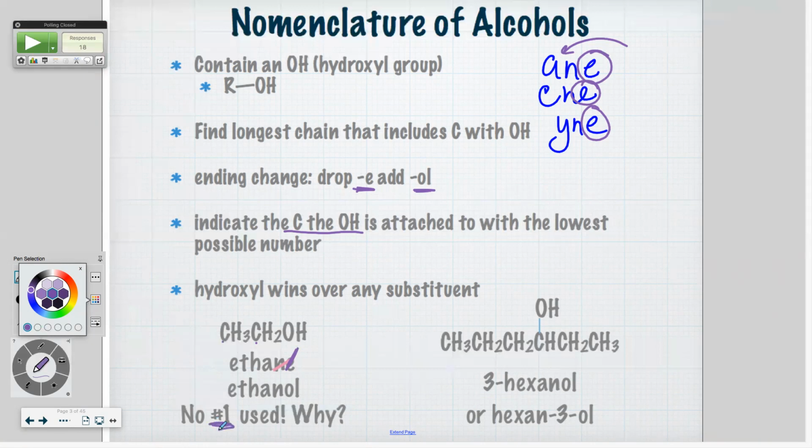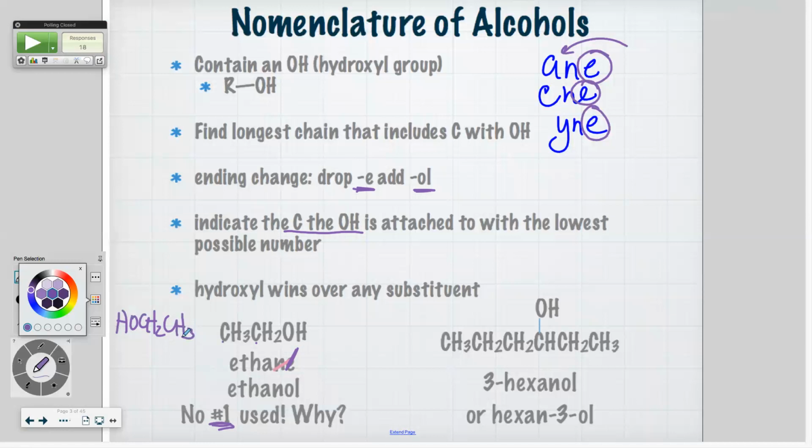Can you have 2-ethanol? No, because it would just be that one over, right? It's always ethanol. So methanol and ethanol don't get numbers, and that's pretty typical of a lot of functional groups.